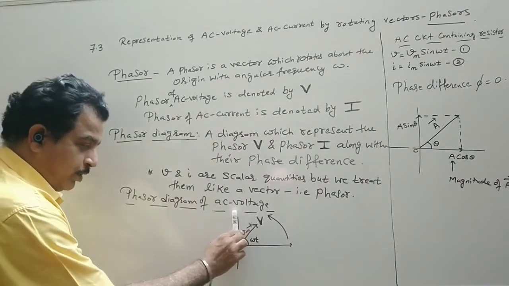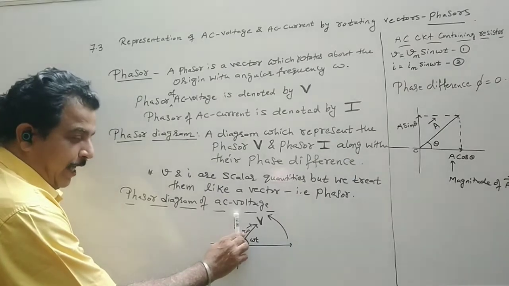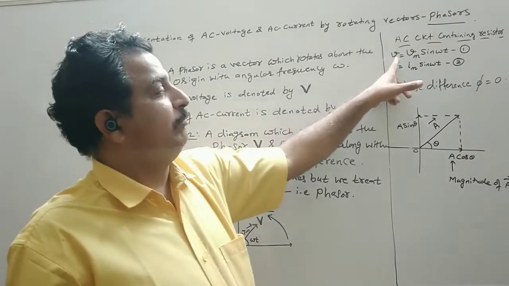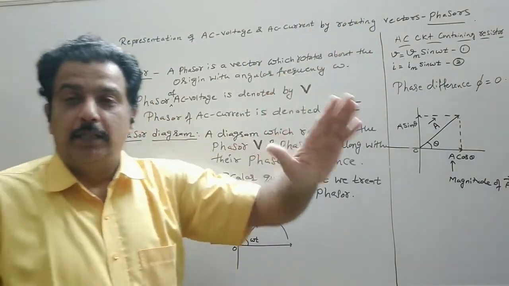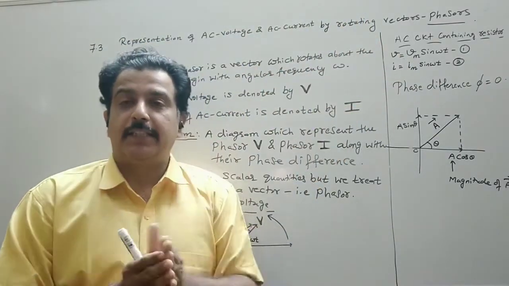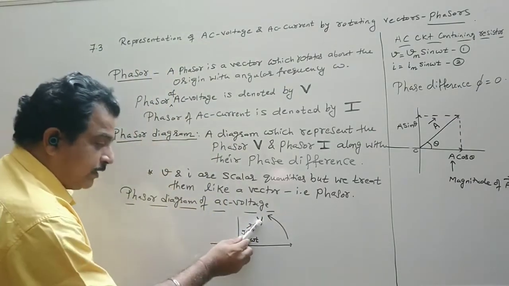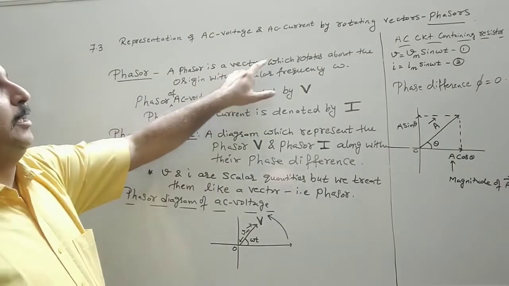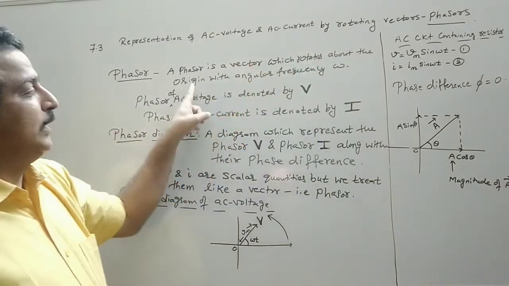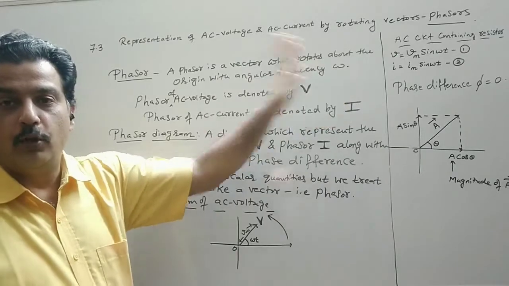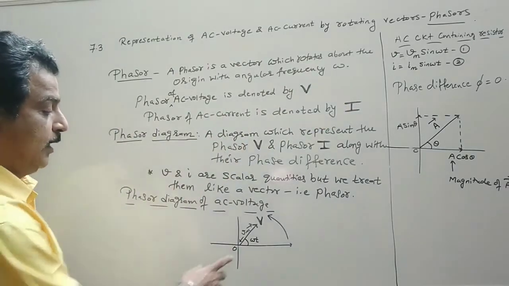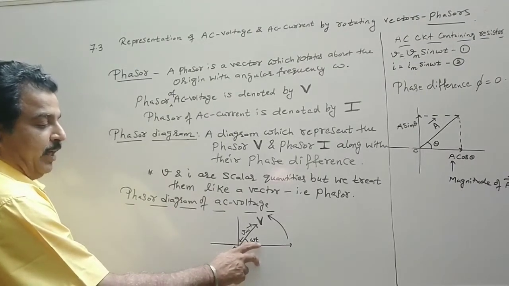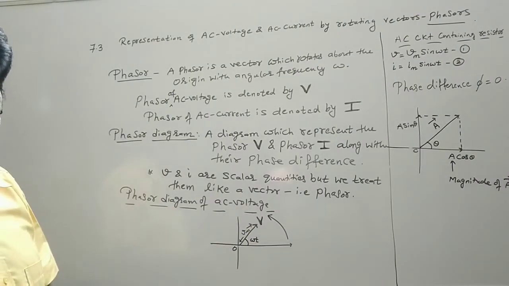Suppose it comes to this point, then the angle is 90, that is omega t is 90, so V is equal to Vm. That is, in the circuit the voltage is maximum. And this phasor keeps on rotating. So a phasor is a vector which rotates about the origin with angular frequency omega, and omega multiplied by t, angular velocity multiplied by t, is the angular displacement.